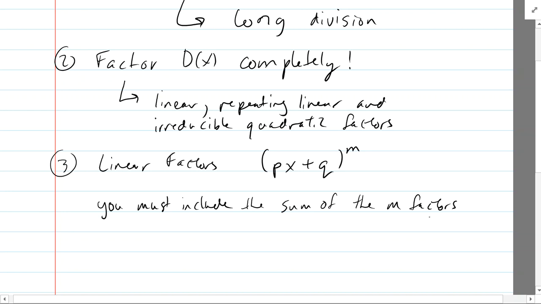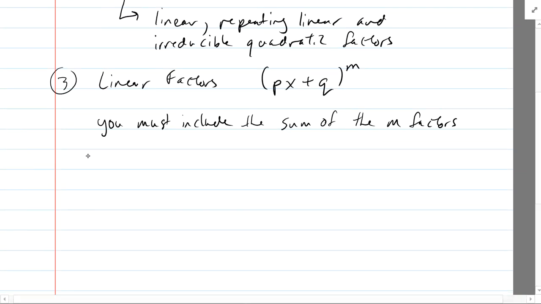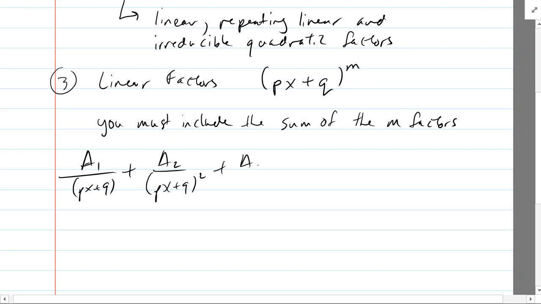What does that mean? It means you have to have the first coefficient over px plus q, plus the second coefficient over px plus q squared, plus the third coefficient over px plus q cubed, plus and so on, all the way to the mth coefficient over px plus q to the mth power.